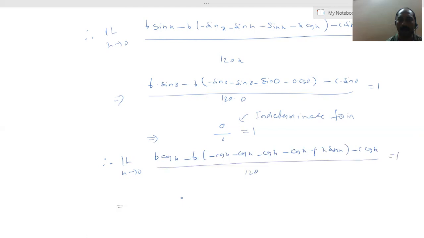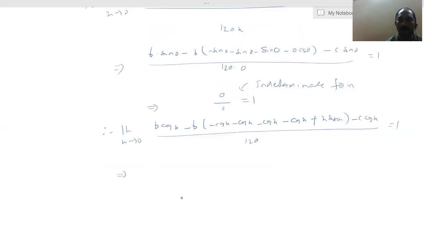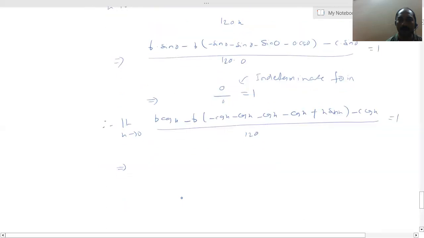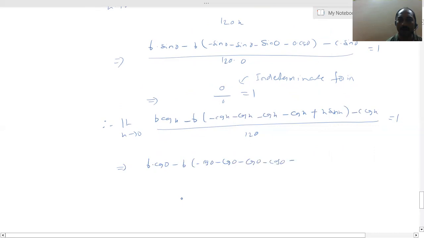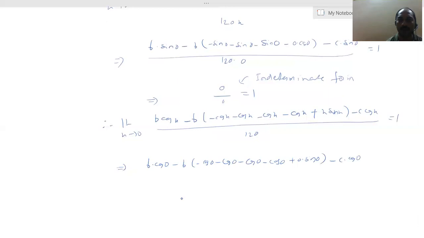Substitute the x value: b into cos 0 minus b into minus cos 0, minus cos 0, plus 0 into sin 0, minus c into cos 0, over 120 equal to 1.